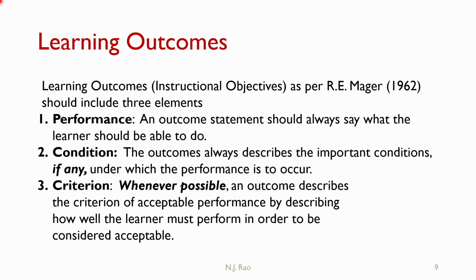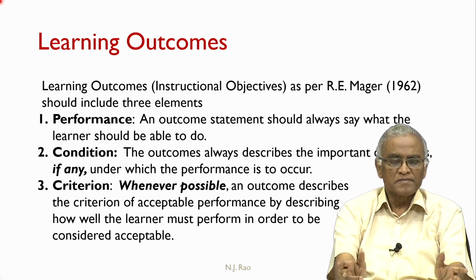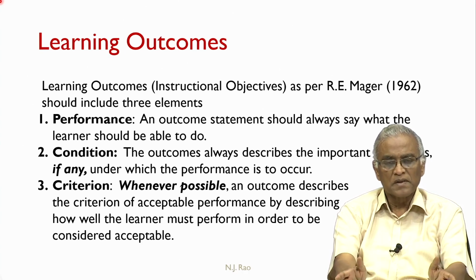And then condition. The outcomes always describe the important conditions, if any, under which the performance is to occur. For example, at school level a student should be able to, let us say, add 7-digit numbers on paper and pencil, which means the condition is paper and pencil.